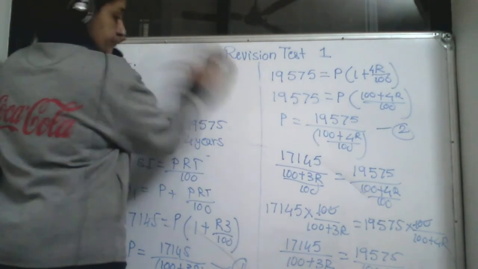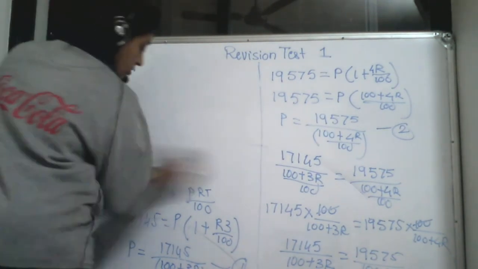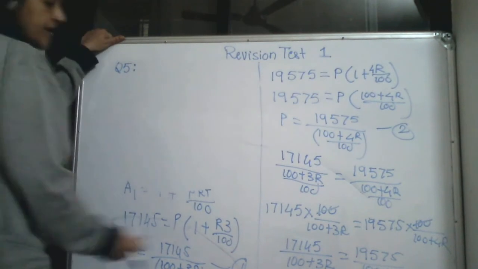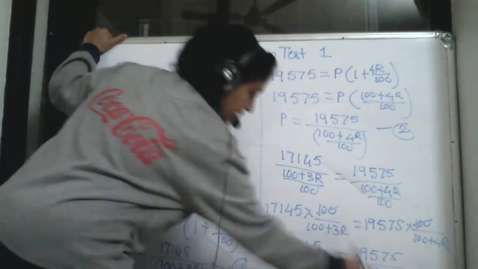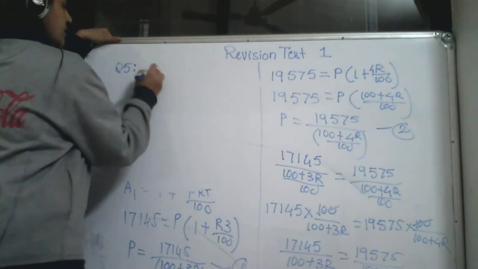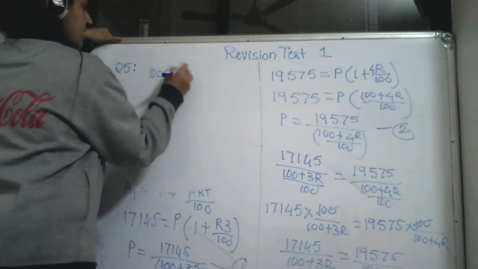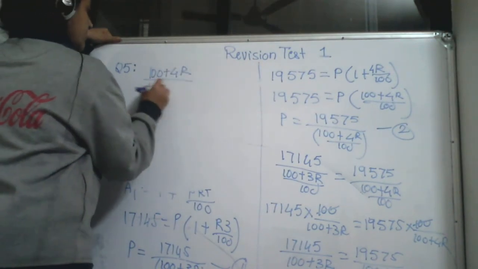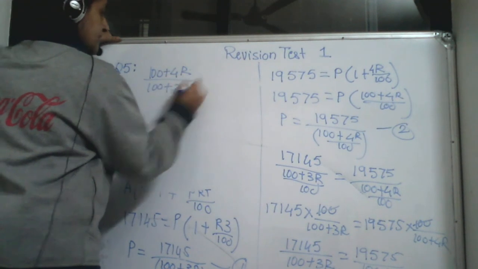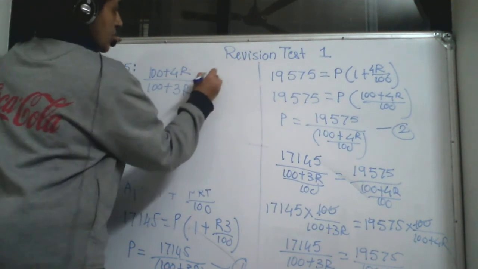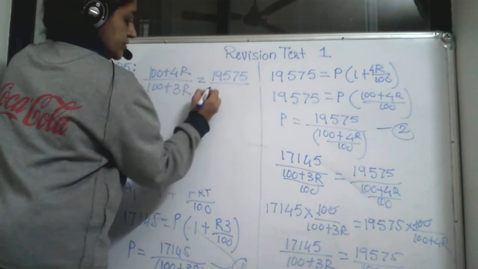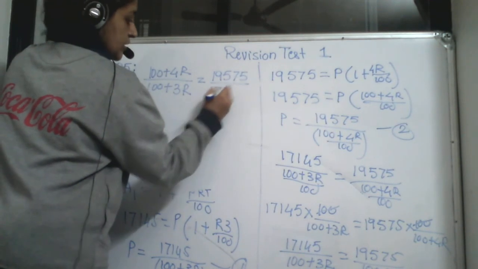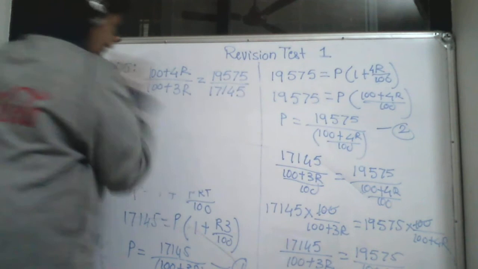See here. If you cross multiply, what will happen? Rather than cross multiply, I would say bring this denominator to this side and the numerator to the other side. So (100+4R)/(100+3R) is going to be equal to 19575/17145.